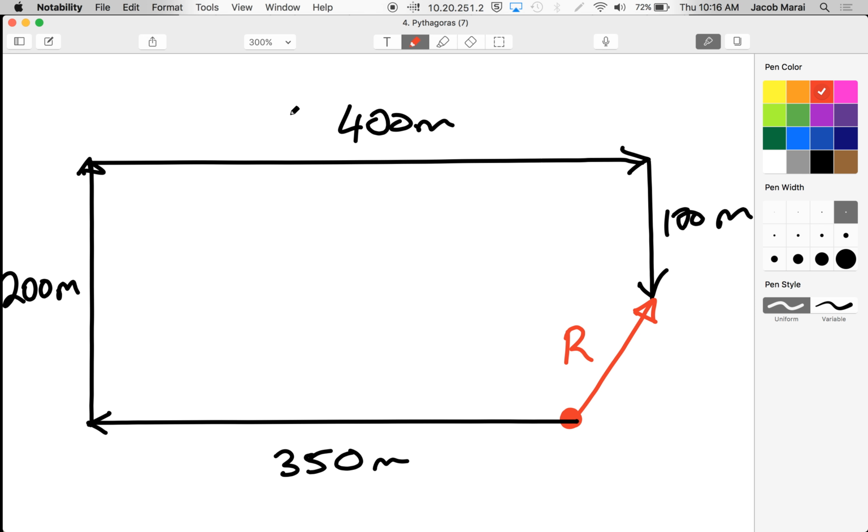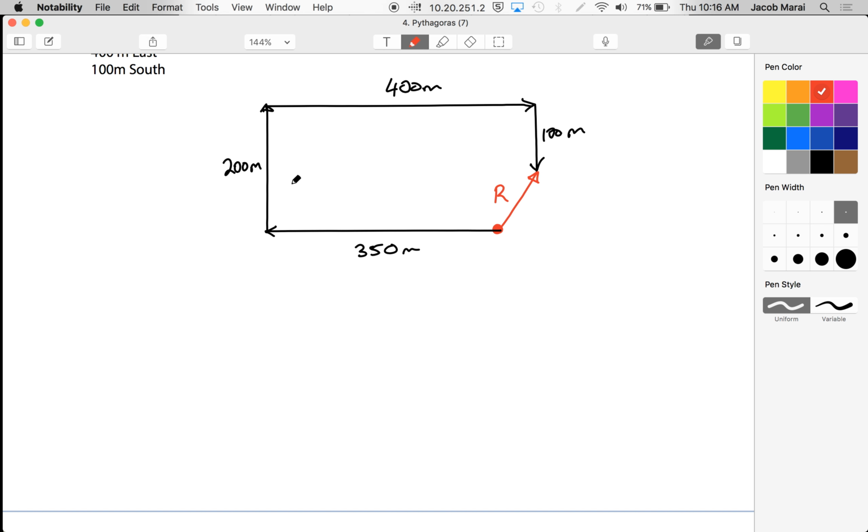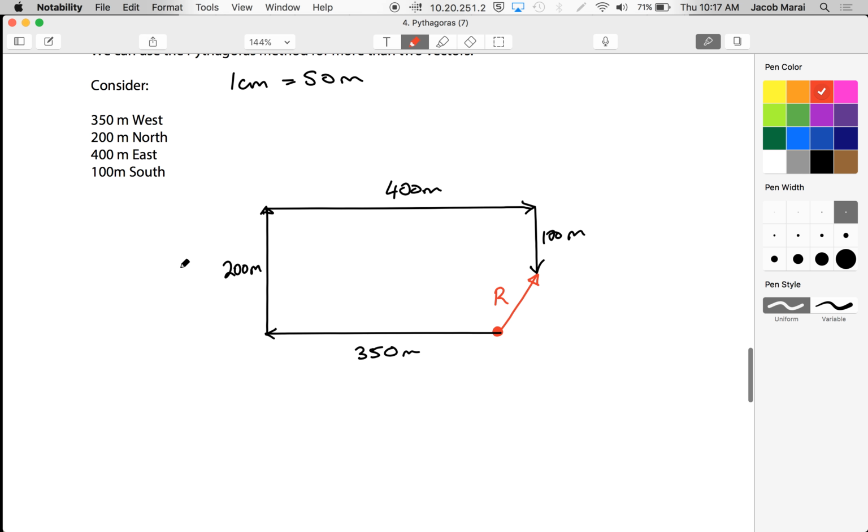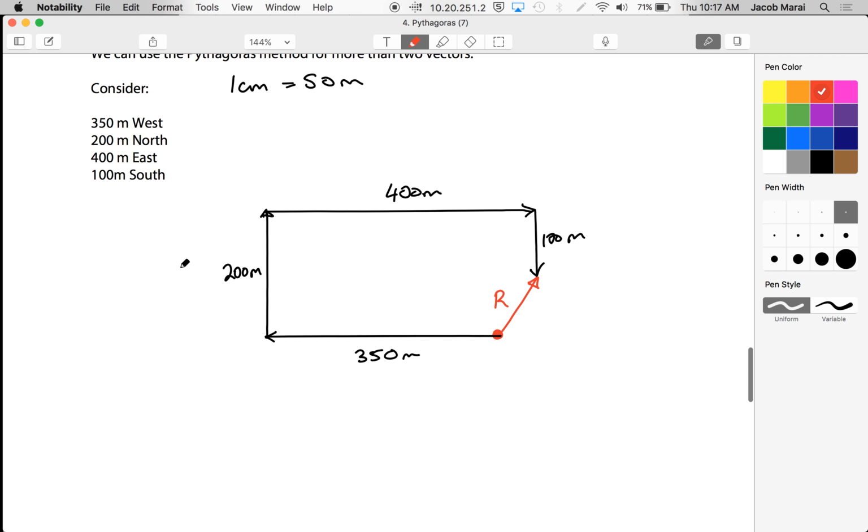If you drew that to scale and with all the correct directions, you could simply measure that red line like we did a couple of days ago. You could measure that red line and say it's about 2.1. Using our scale, 2.1 times 50, it's about 105-ish. But that's not a very precise way to measure that.